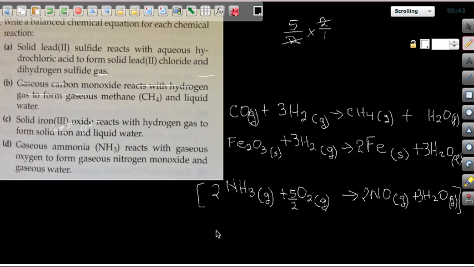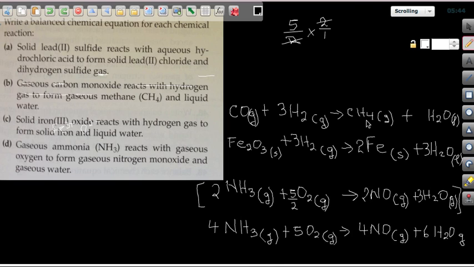So you end up with 4 ammonia gas. Here's the final product: 4 ammonia, 5 moles of oxygen, 4 moles of nitrogen monoxide, and 6 moles of water. And that equation is now balanced.